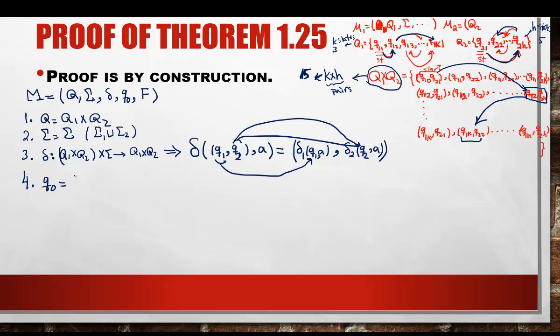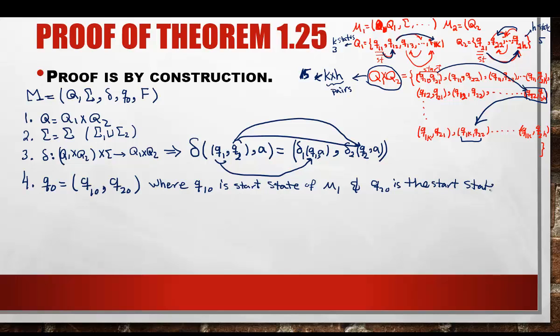And what is my Q sub 0? Q sub 0 is nothing but the start state of Q1 and the start state of Q2, where Q sub 10 is the start state of M sub 1, and Q sub 20 is the start state of M sub 2.